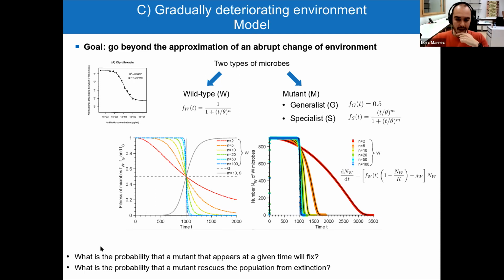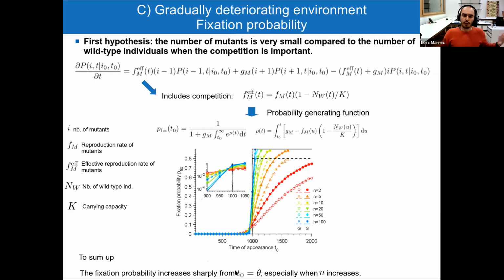So what I'm going to try to do in the following is to compute the probability that a mutant appearing at a given time fixes, and I will also try to compute the probability that a mutant rescues the population from extinction. To compute the fixation probability, I need to make an assumption.